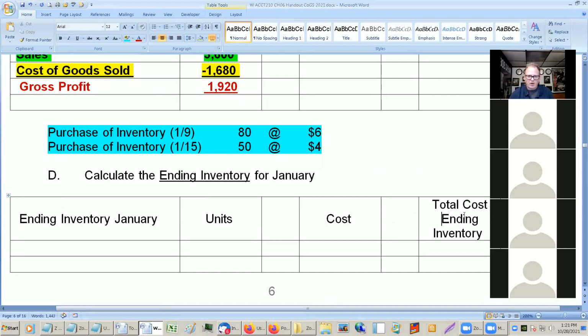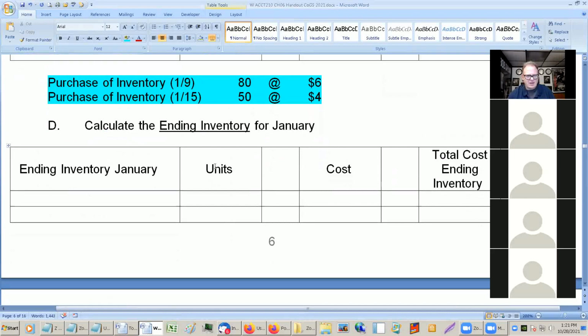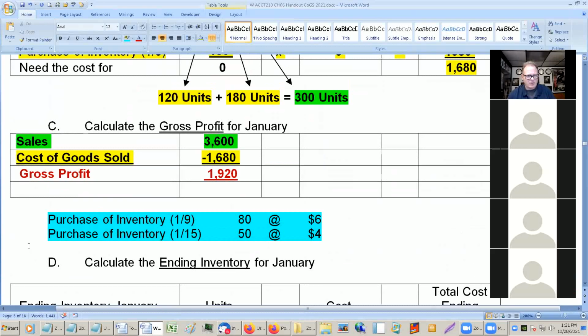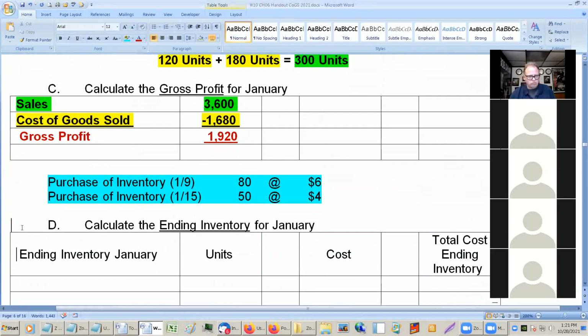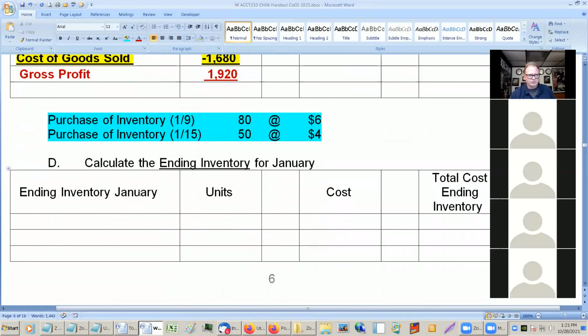The cost of the ending inventory is just considered inventory. We're really talking about the cost of it. Okay, so we have.